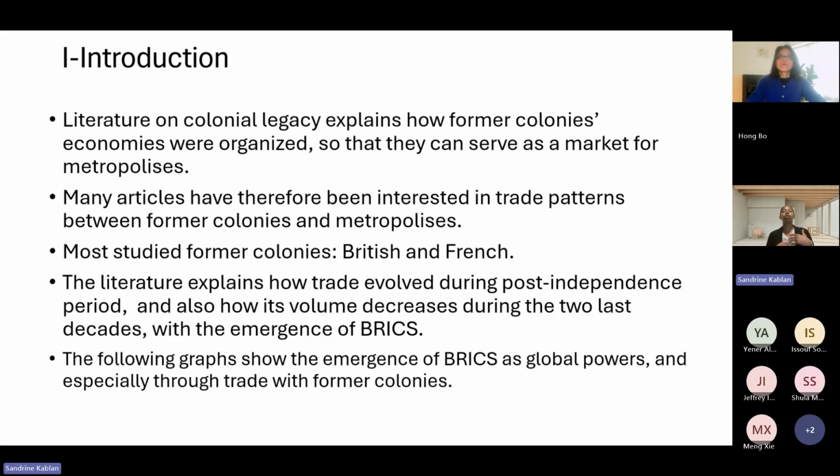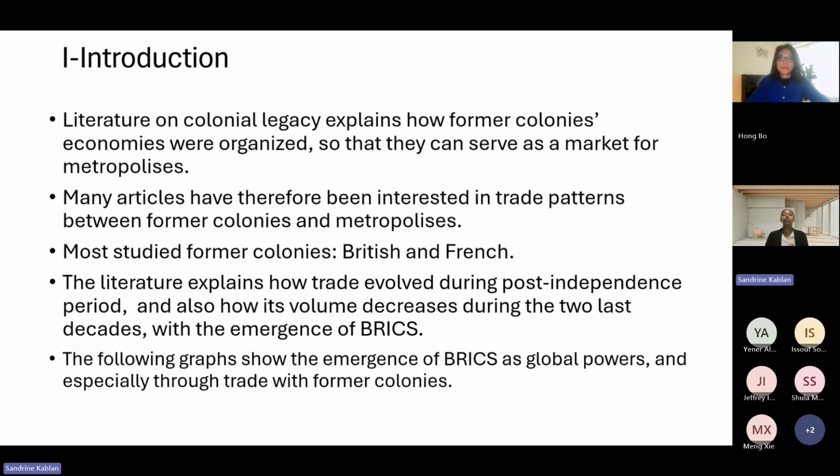In this literature, other economists explain how former colonies' economies were organized so that they could serve as a market for metropolises. Indeed, we all know that colonization was done by former metropolises to find markets for their industries, markets to sell their final products, but also to obtain raw materials to provide to their industries.